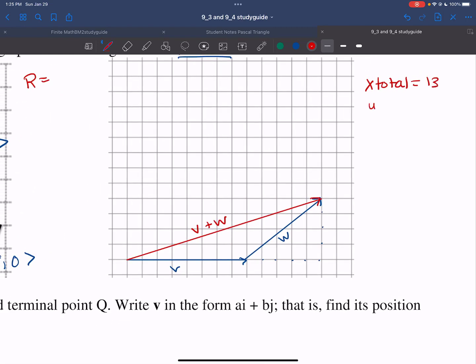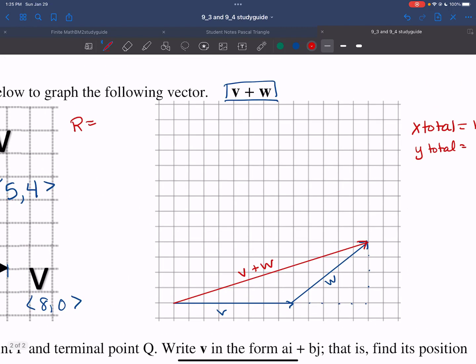And my y total would be just that 4. So to find my resultant vector, it would be the square root of 13 squared plus 4 squared. So that would be 169 plus 16, so the square root of 185.